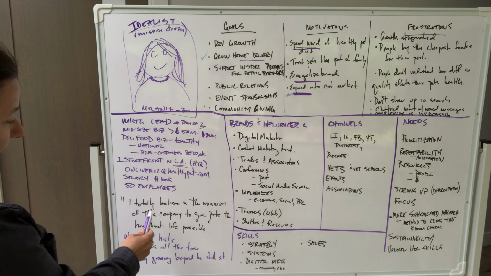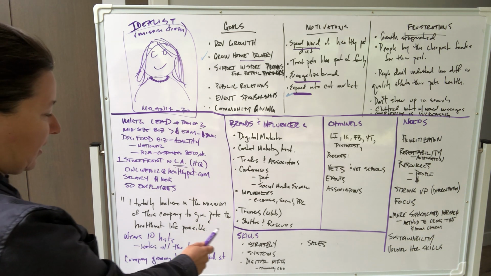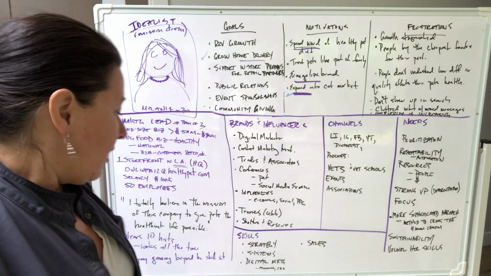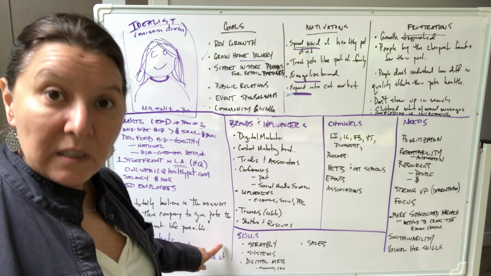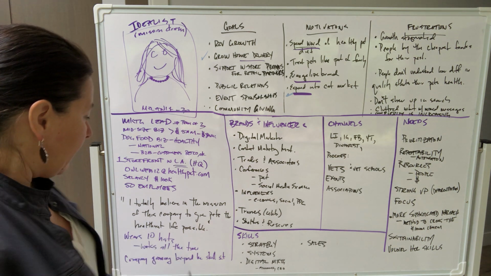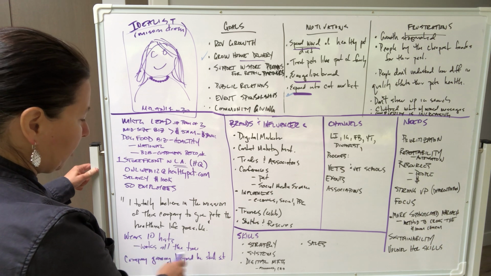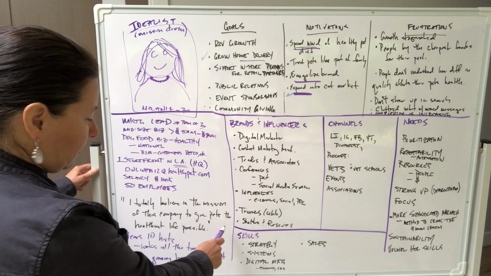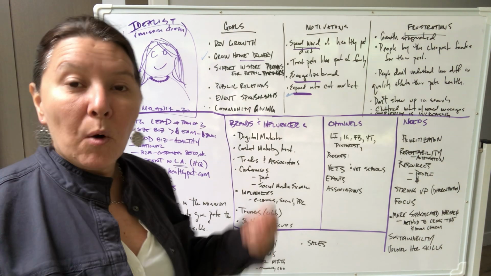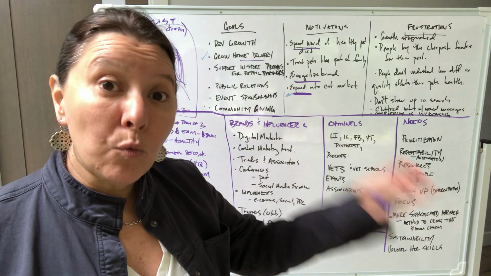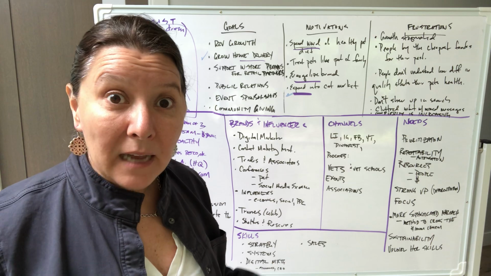But we wanted her saying, I totally believe in the mission of this company to give pets their healthiest life possible, right? So what we started to see, and you'll see this when you do the marketing canvases, is a beginning of a story, right? Like, she wants them to believe in the mission of the company and to give their pets the healthiest life possible. But what might her frustrations be, right? That's what she wants. It's not what she has, right?